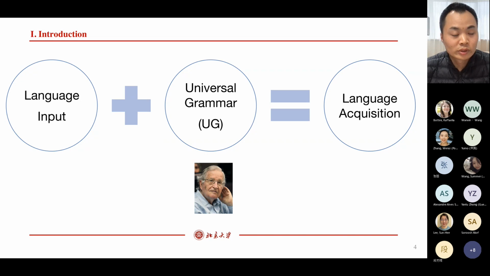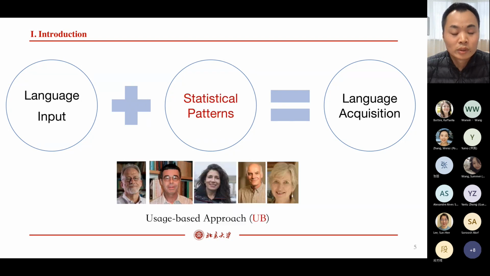Chomsky did not believe in language input. He argued that language input is poor, which is the famous claim called the poverty of stimulus.